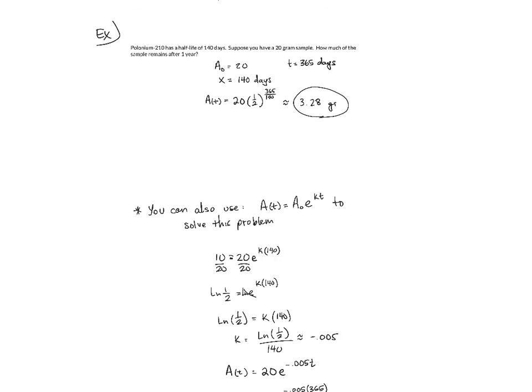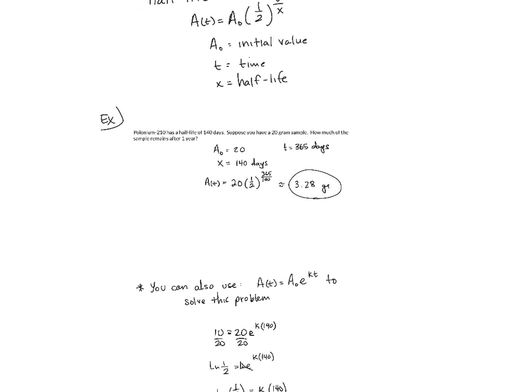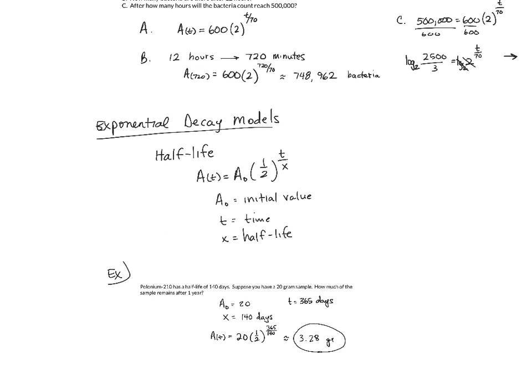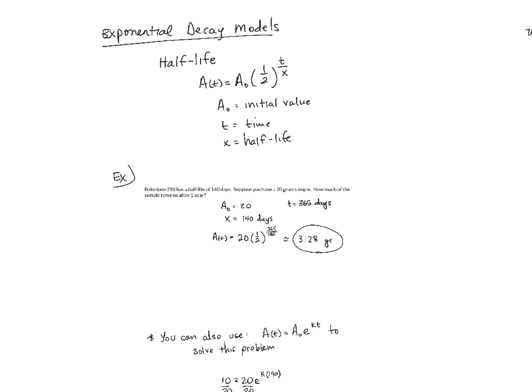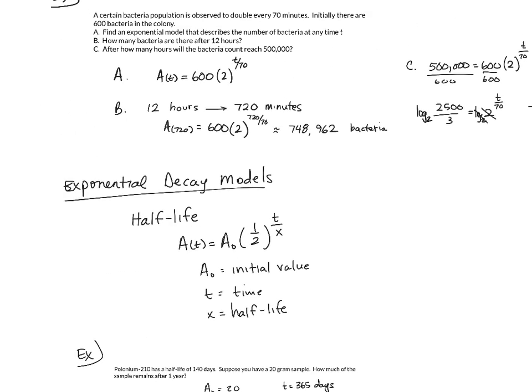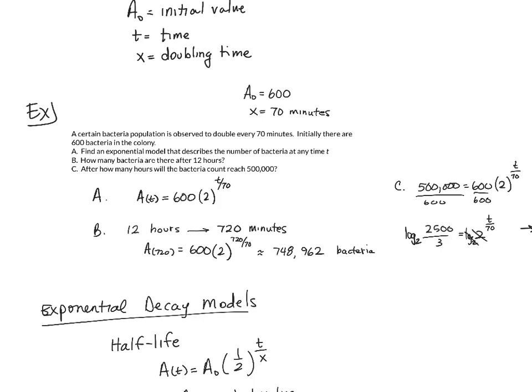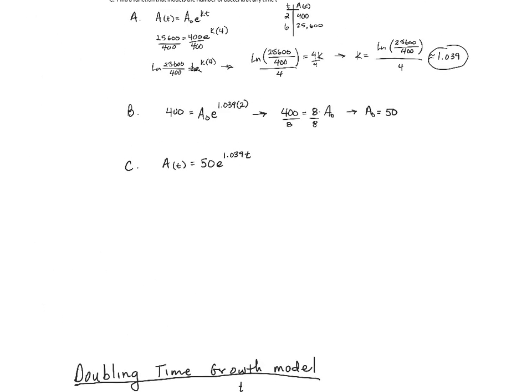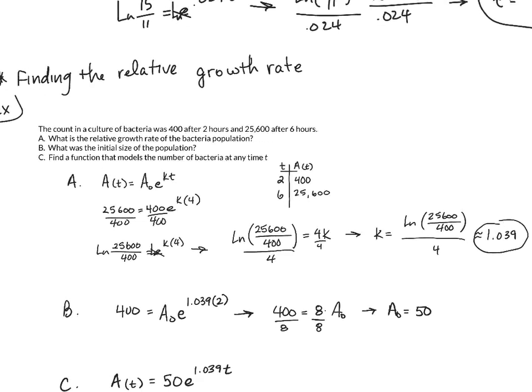So that should do it for exponential growth and exponential decay models. We have half-life or relative growth rate for exponential decay. And we have the same thing. We have doubling time for growth, or we have relative growth rate.